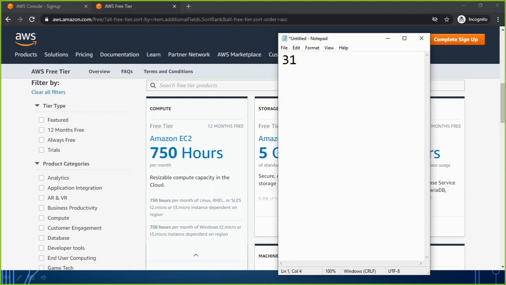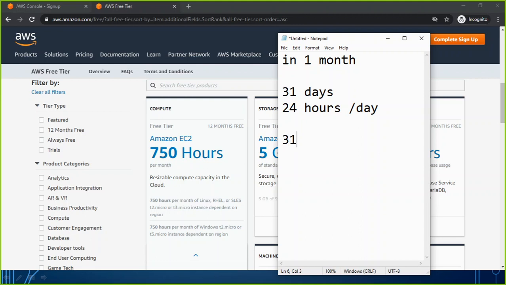So that is the number of days. What do we have in 1 month? We can have 31 days, right? Every day can have how many hours? It can have 24 hours per day. So if I ask you in a month, how many total hours will there be?